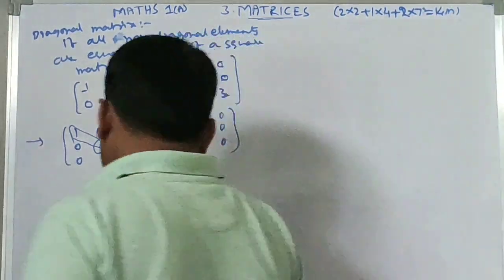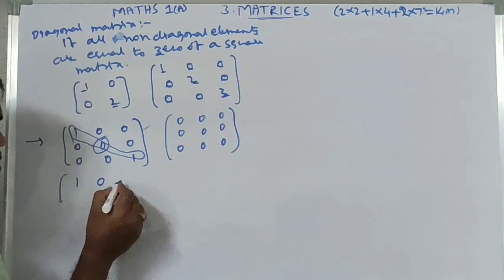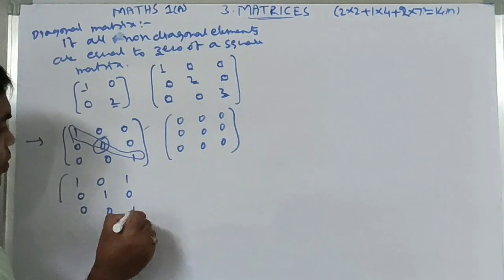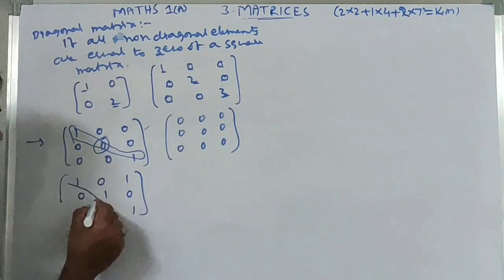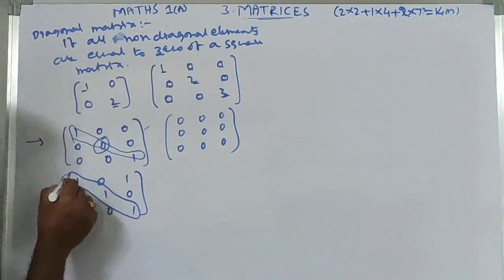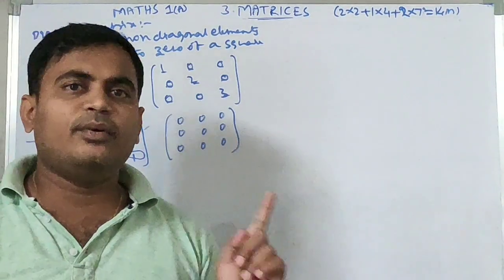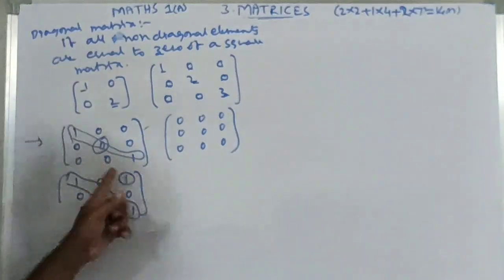And other than this, 1, 0, 1, 0, 1, 0, 0, 0, 1. If we observe all the non-diagonal elements, these are the diagonal elements. Other than these, all the non-diagonal elements are 0 except this one element.